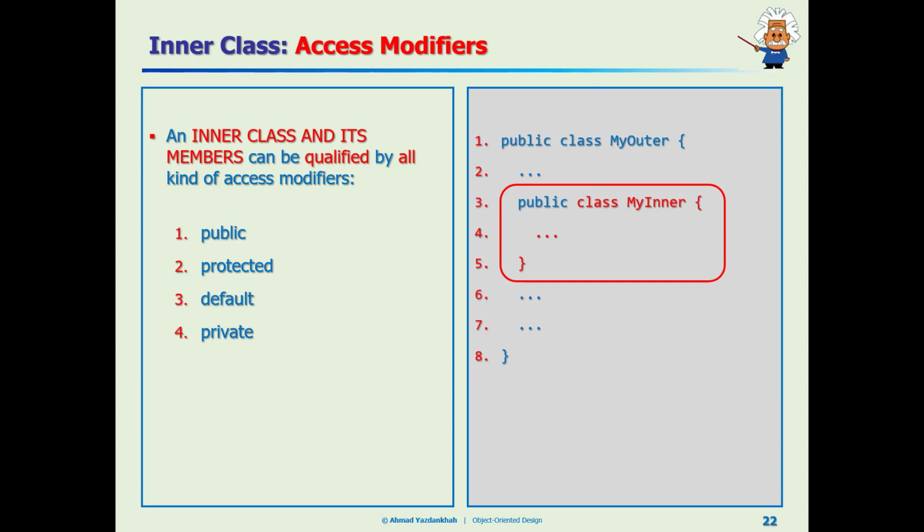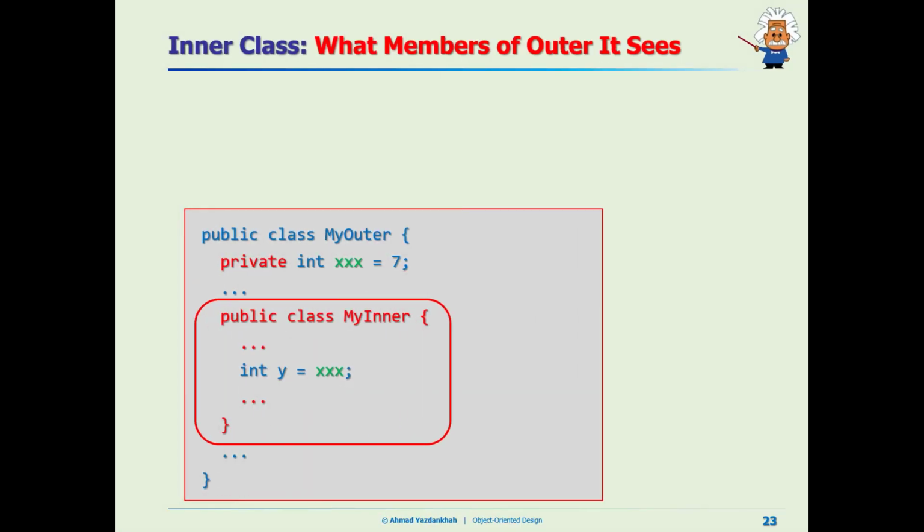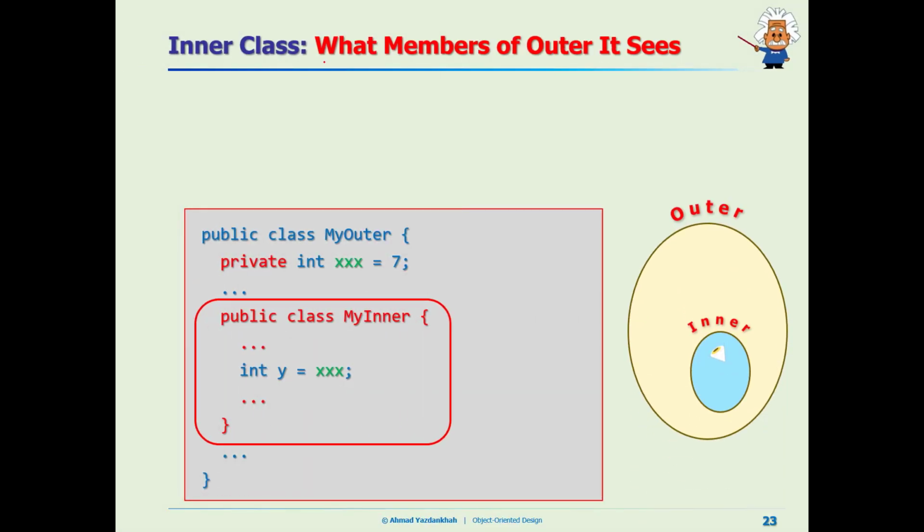Okay. Now let's ask some questions. The first question we are asking is what members of outer it sees. So we are inside the inner class, and the question is what we can see from here, right?